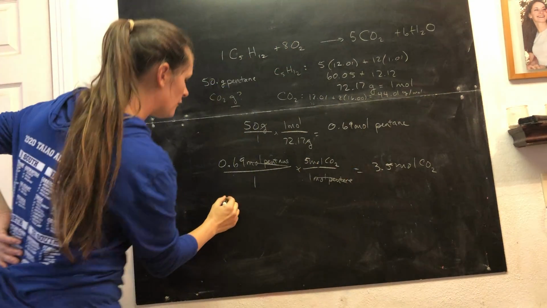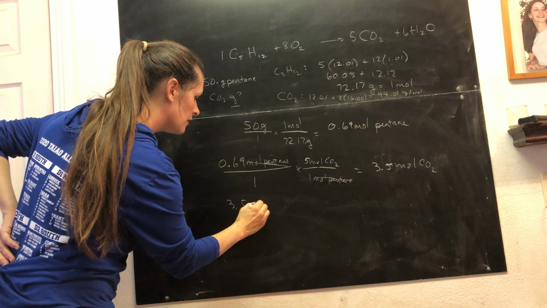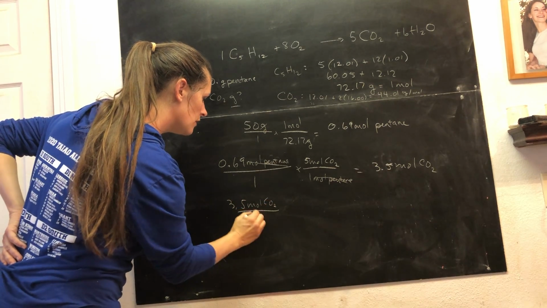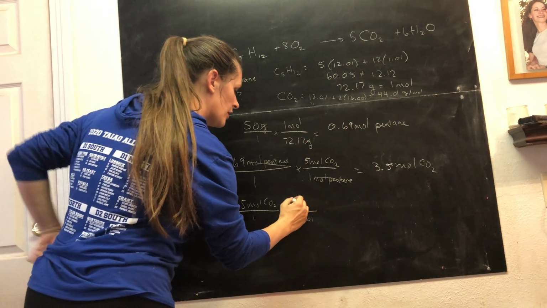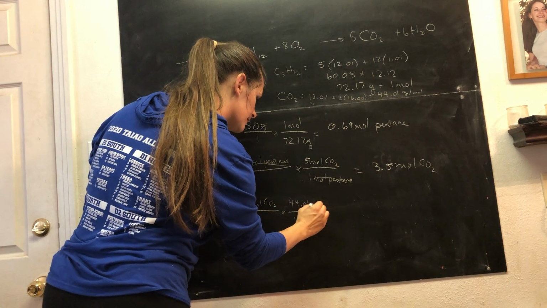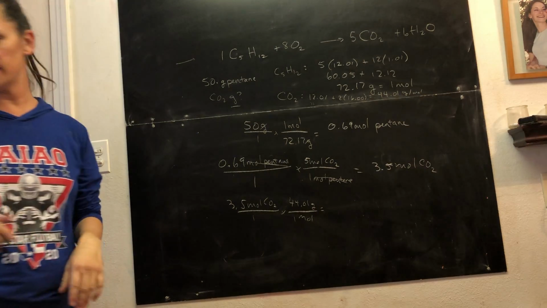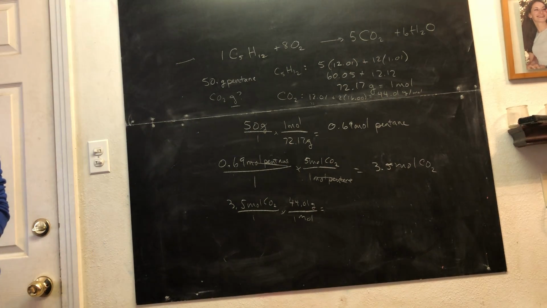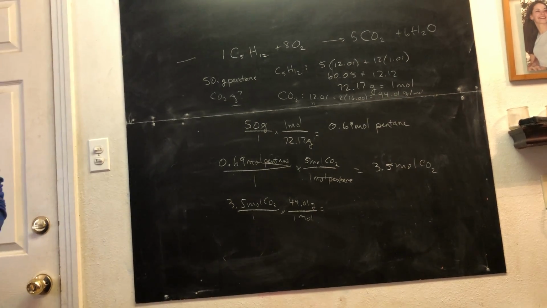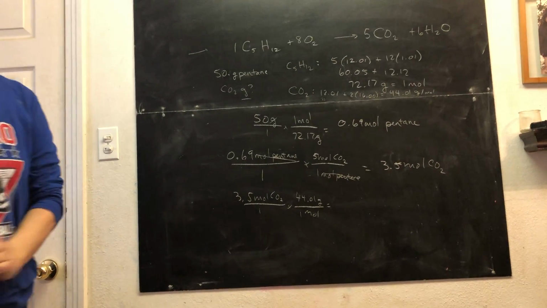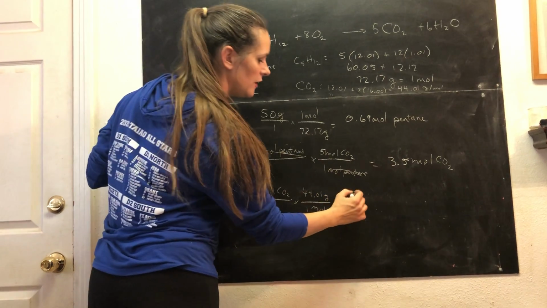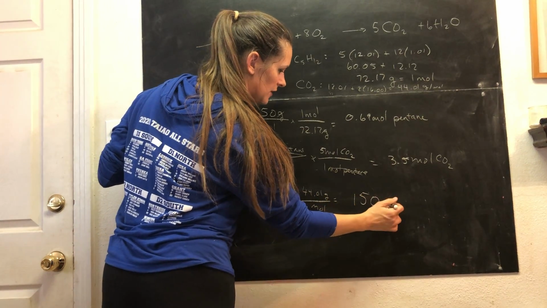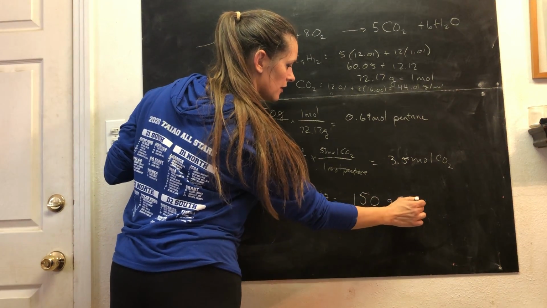Okay, so I've got 3.5 moles CO2, and I know in 1 mole there's 44.01 grams. So I do 3.5 times 44.01, and that's 154. Since we only have 2 significant figures, I need to round that to 150 grams carbon dioxide.